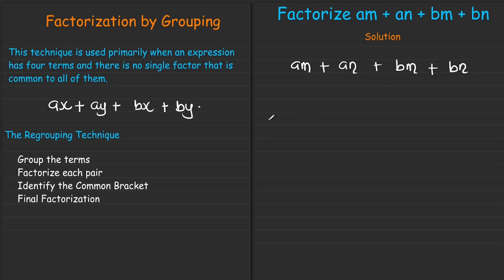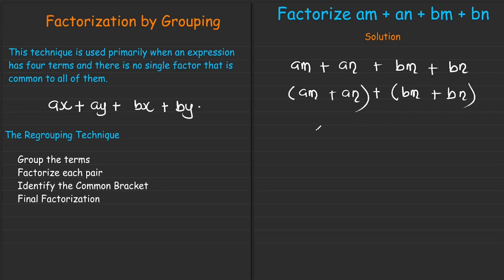Hence, the first step says we should group the terms. Grouping the terms here simply means you write them in pairs. In our first bracket, we put am plus an, and then plus, in our second bracket, bm plus bn.